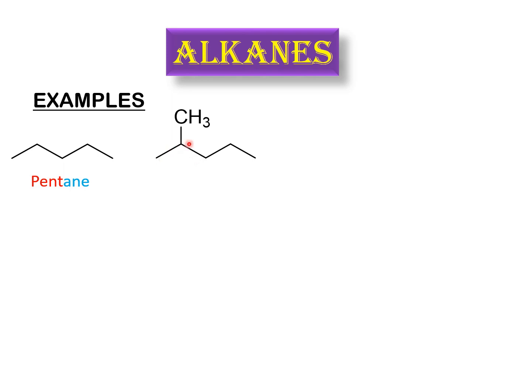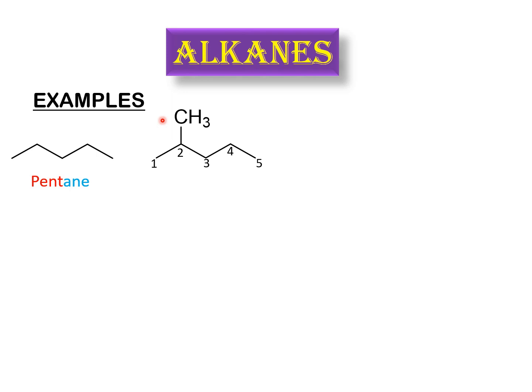So the methyl from this end is at 4, but from this end it is at 2. So the rule says that you have to start numbering from the side where the substituents get the lowest position. So we have to start from this end, 1, 2, 3, 4, 5. So now the methyl is at carbon number 2.